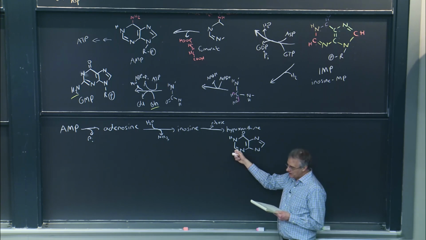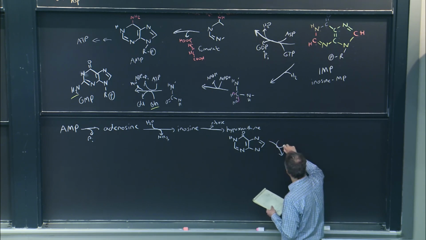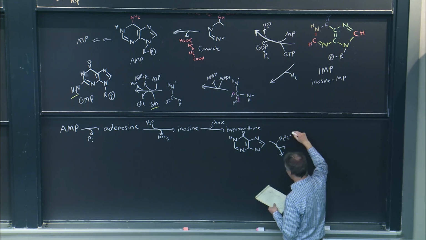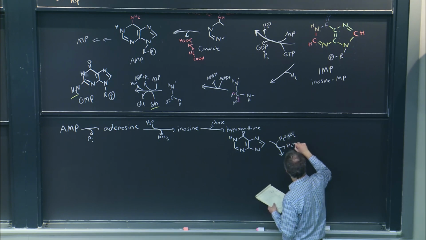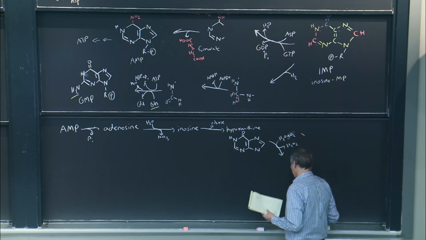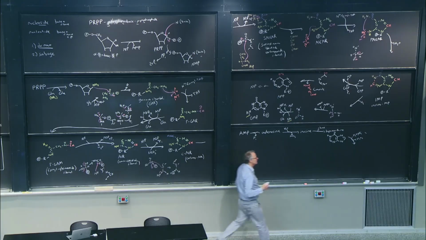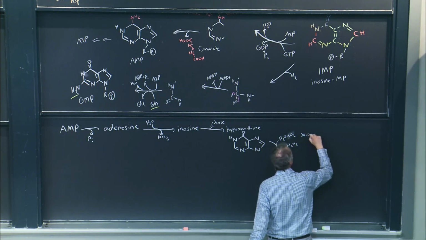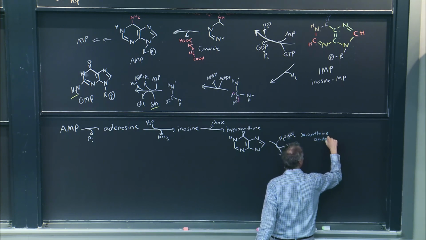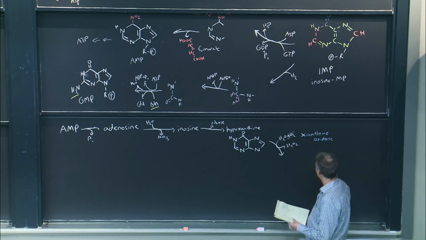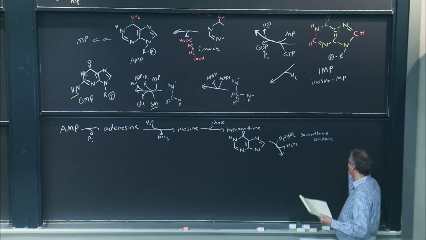Now, if we oxidize this carbon-nitrogen bond, which is carried out by a complex oxidation reaction requiring oxygen and water and producing hydrogen peroxide by an enzyme called xanthine oxidase. Okay, so the enzyme xanthine oxidase, an interesting enzyme, has a molybdenum group in it as a cofactor, and iron and FAD.